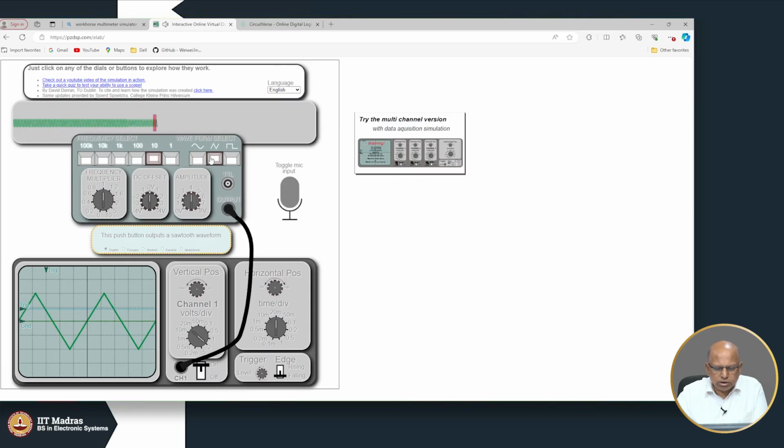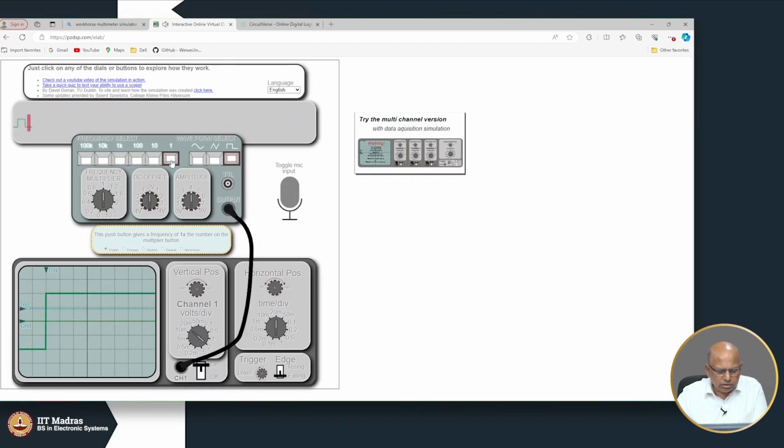If you move this, you can see it generates a triangular waveform, and if you move this, you can see it generates a rectangular waveform. Okay, it is a square waveform, right. You can use this to select the frequency at which the signal operates. So, this is a high frequency signal, somewhat low frequency, okay, even lower.